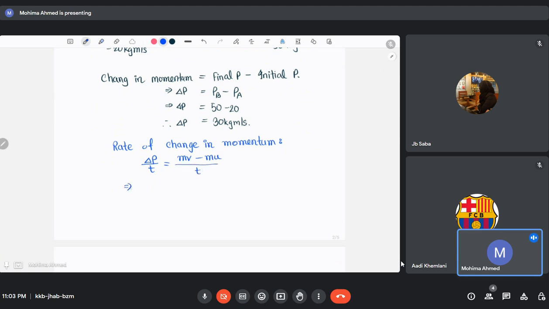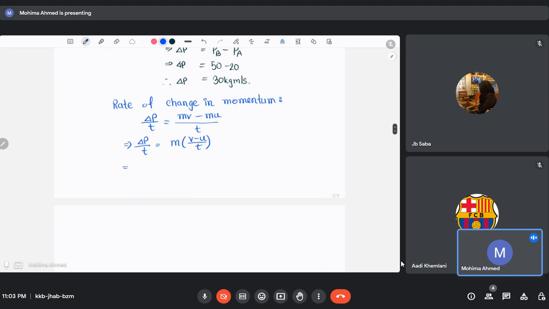Now, m is common to both terms in the numerator, so you can take m common and it will look like v minus u over t. V minus u over t was acceleration, so delta p over t is equal to ma. And ma was the formula for force. So you can finally conclude that delta p over t equals force.